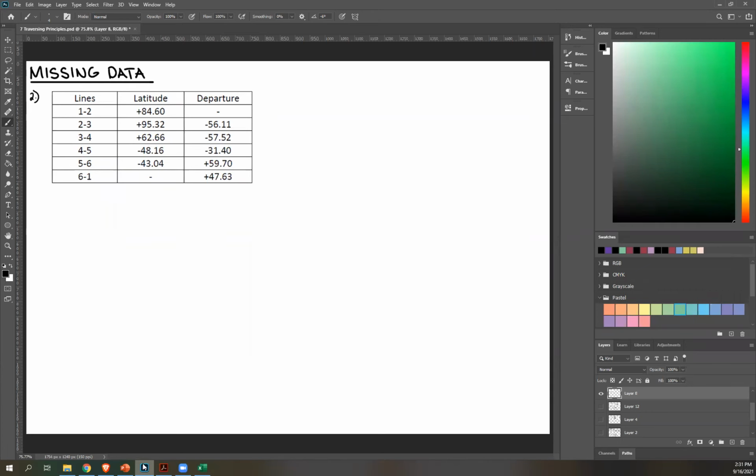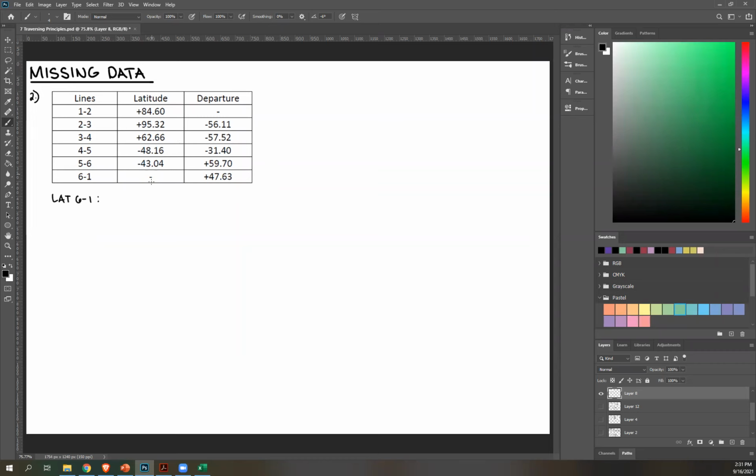So using that concept, you can easily solve for latitude of this and this, since there is only one single missing value for the entire data. So let's get the latitude of line 6-1. Again, you're going to take the summation of this, and then since it has to be equal to 0, you're going to get the negative of that.